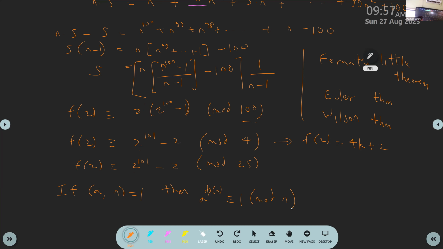So we just need to find phi of 25. So phi of 25 equals 20. So anything raised to 20, like 2 raised to 20, will be congruent to 1 modulo 25.